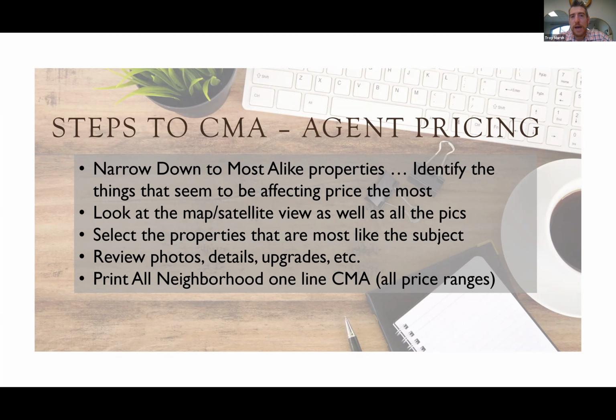The bedrooms, bathrooms, square footage, style, list price, sales price, all that is on the one-line CMA. So I can at least say, here's the reason why I didn't include this as a comparable. It sold 11 months ago versus this one that sold 2 months ago. Or you have 3 bedrooms and that had 5 bedrooms, or whatever the case may be.